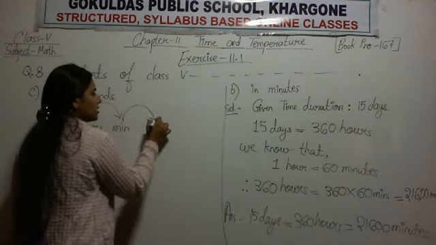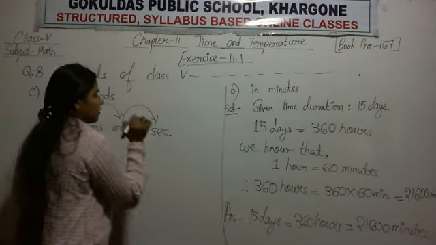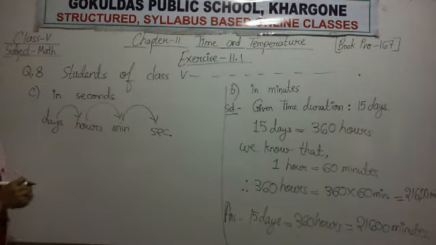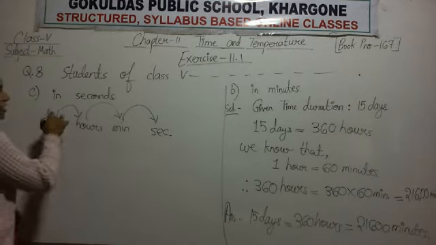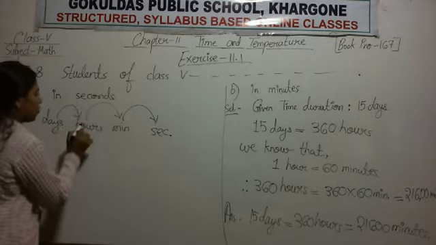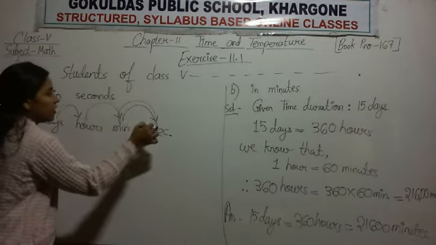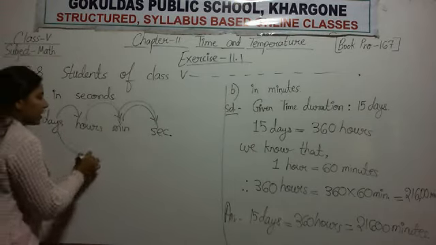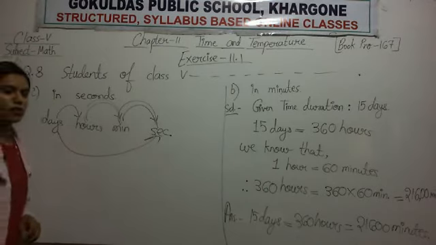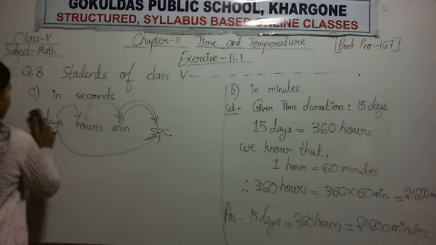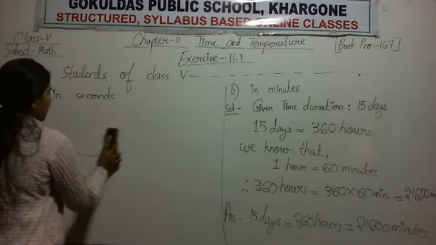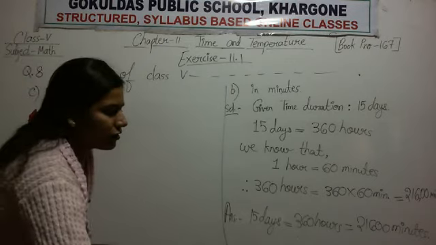And from minutes we can convert in seconds. We cannot convert directly days into seconds. These steps we need to follow. First convert into hours, then convert into minutes, then convert into seconds. We cannot directly convert days into seconds. So let us see how we can do it.